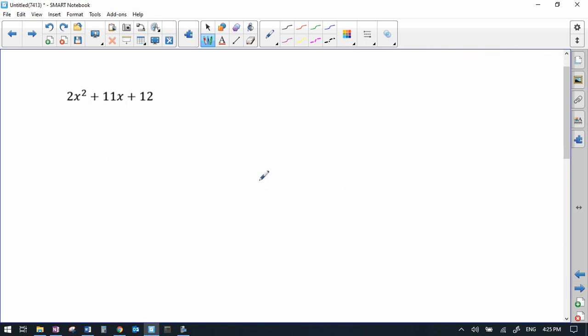Here we've got 2x squared plus 11x plus 12. Now, I can do this many different ways. I can guess and check. I can use the other method. I'll use the other method first. So we're looking for two numbers that multiply to 24, 2 times 12, and add to 11. And those numbers are 8 and 3.